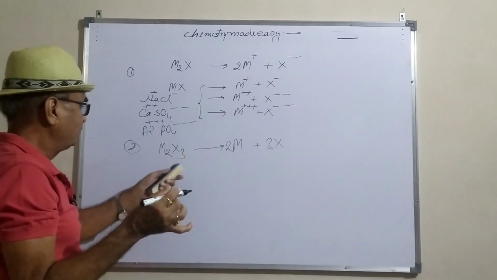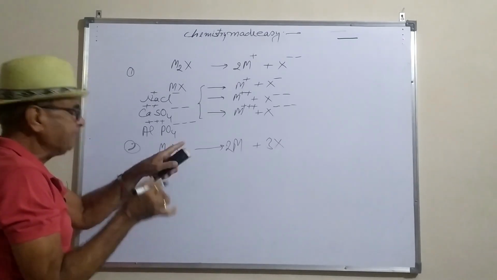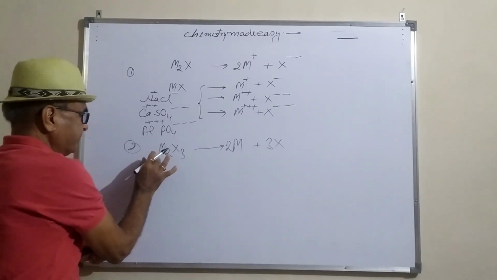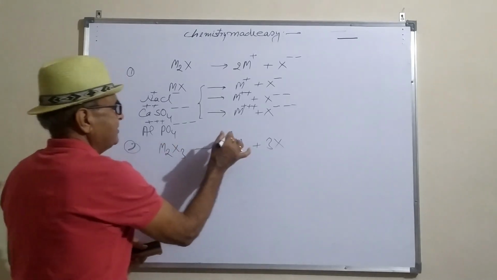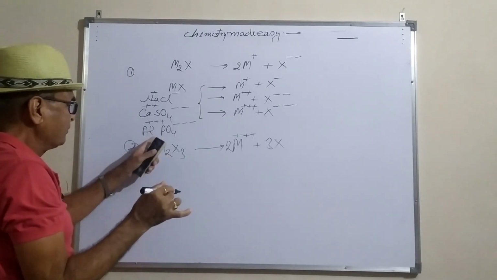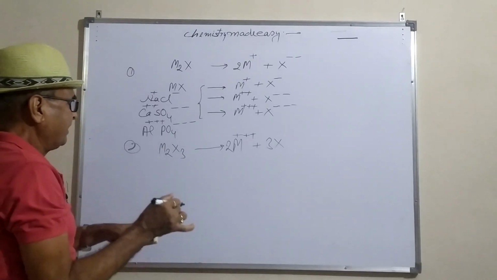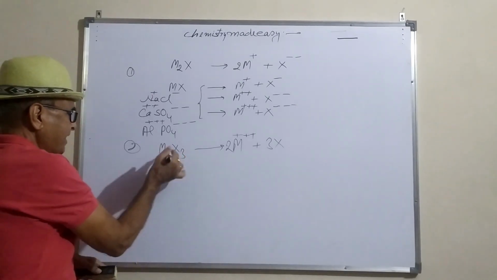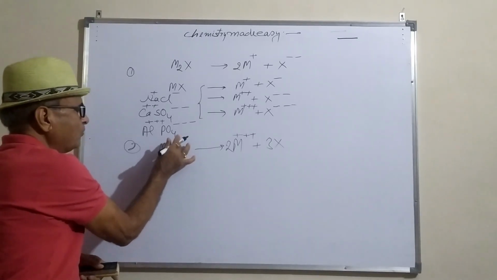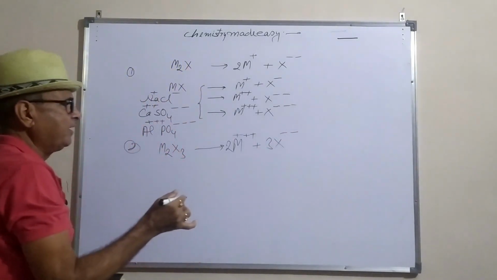So here you will find why X is multiplied by 3: because the charge of M, or the valency of M, is 3 positive. And in the same manner, M is multiplied by 2, which should be the charge of X, and hence the charge of X is 2 negative.